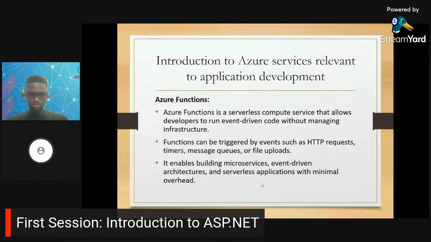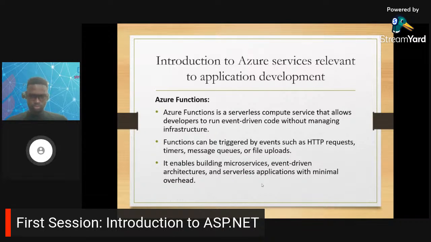If you want to build a full-fledged app with functions, then you have to build several functions to manage that application. So you build functions that handle just one specific instruction.